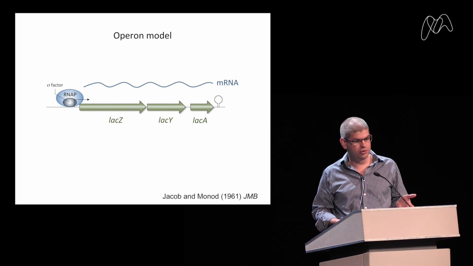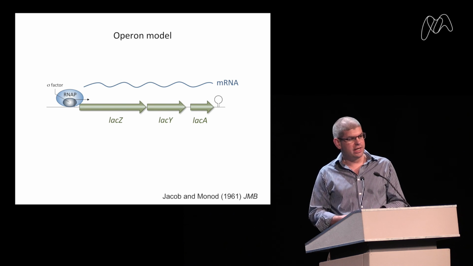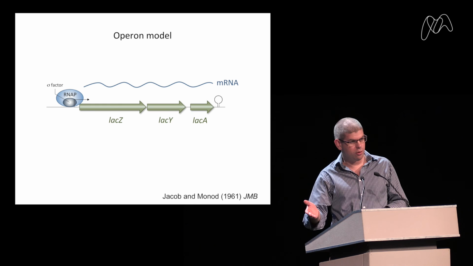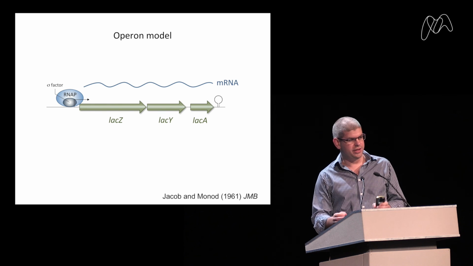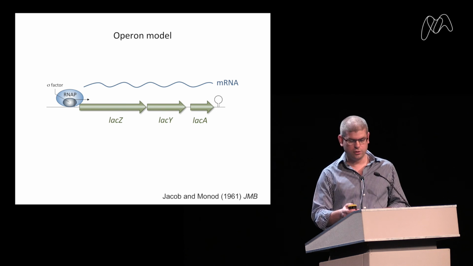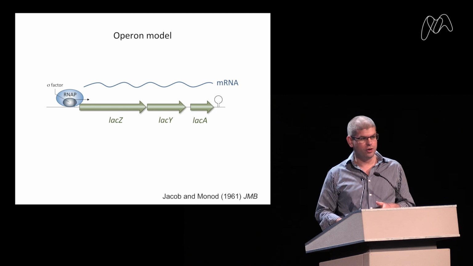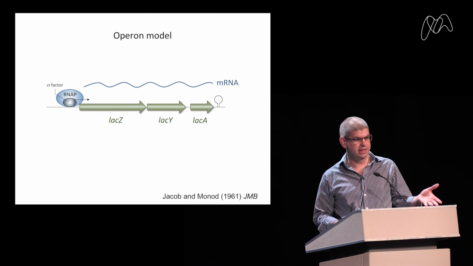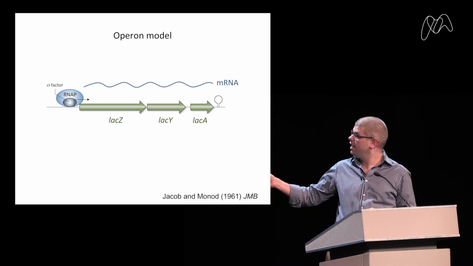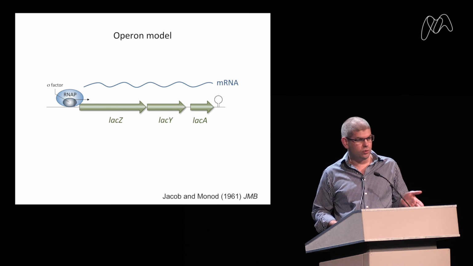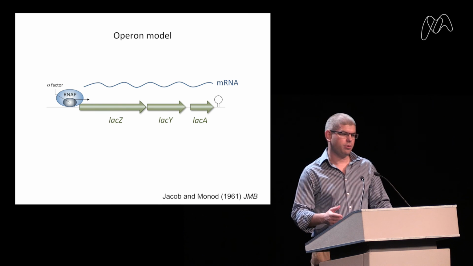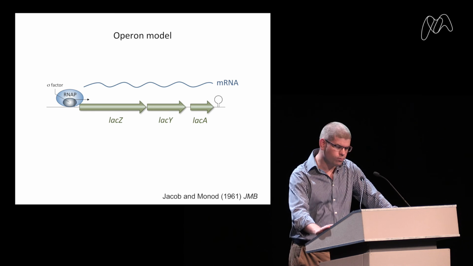It maps to a specific strand of the DNA. It's got a clear start point and a clear stop point. This clear delineation of the RNA is dependent on two genetic signals. At the start, we have a sequence called a promoter that recruits RNA polymerase to the DNA and tells it to initiate transcription. And at the end, we have a sequence called a terminator that tells RNA polymerase to stop.